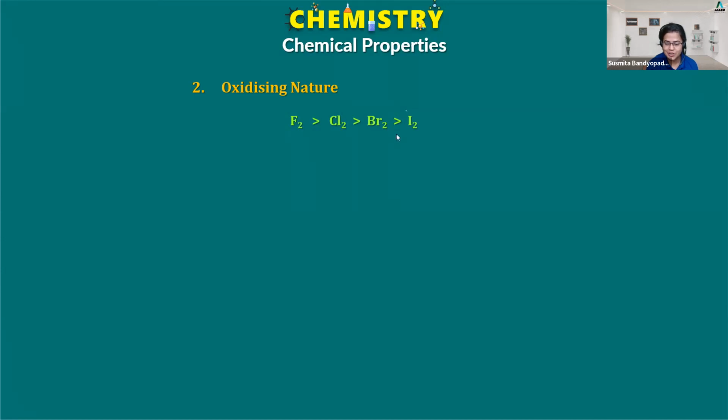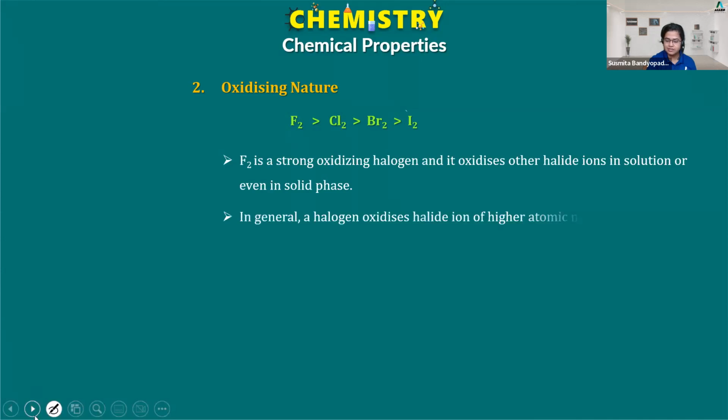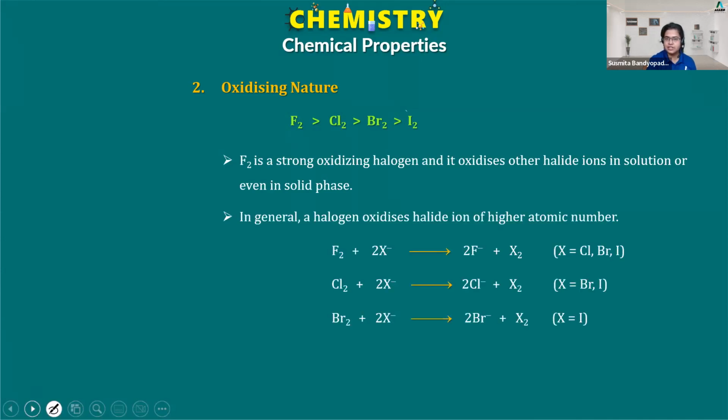Fluorine the most, iodine the least, in strength of oxidizing agent. Students, the reactivity of halogens decreases down the group. One more thing.